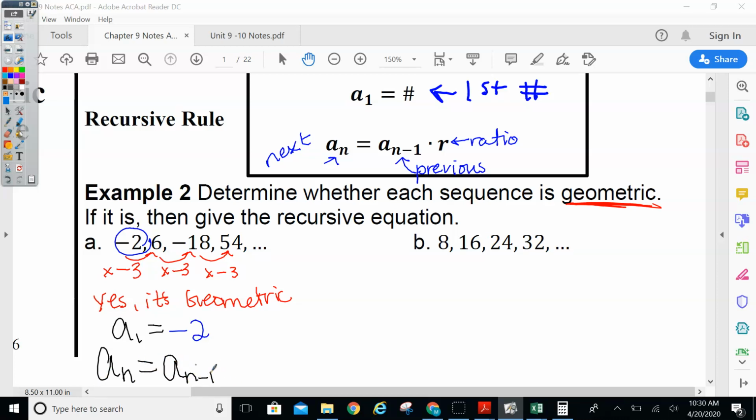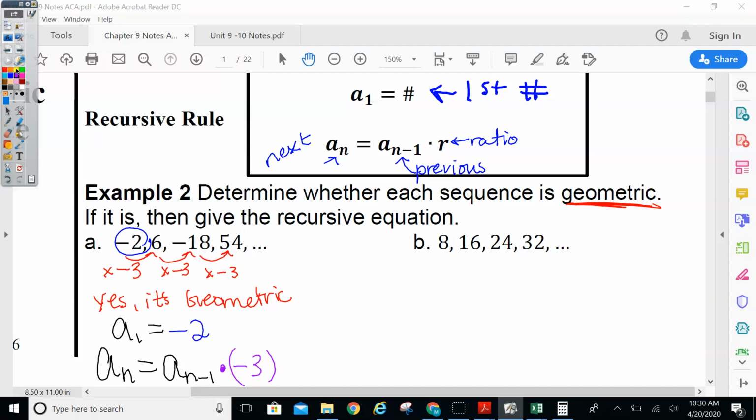So this is always going to be there: AN equals AN minus 1. But then this number is going to change. To get the next one, you multiply it by -3. That's all this means. It's basically saying the words that we did in the sequence, but as a rule. You start with the first one, and then to get the next one, you take the previous one and multiply by -3.